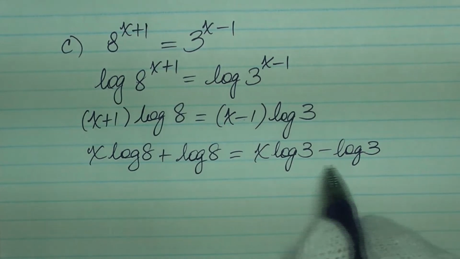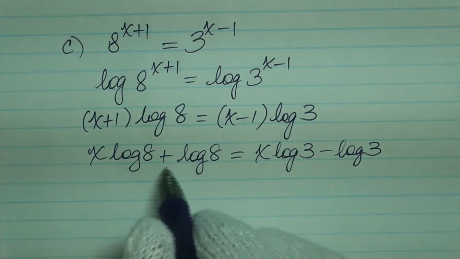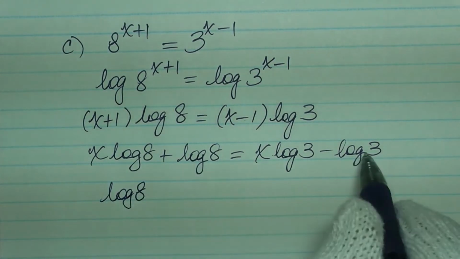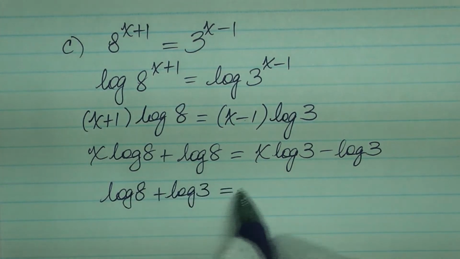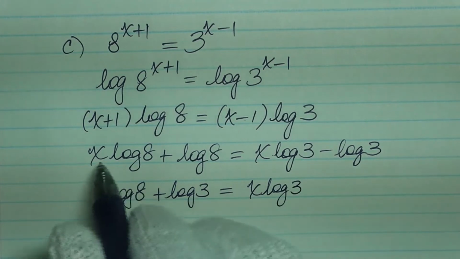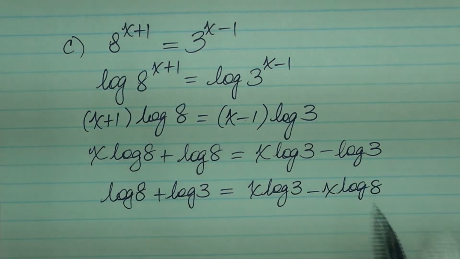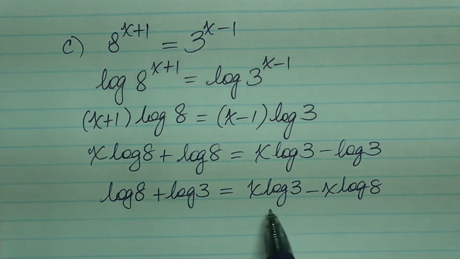So I'm going to bring this one over here and bring this one over here. So log 8 plus log 3 equals x log 3 minus x log 8. Factor out the x here.